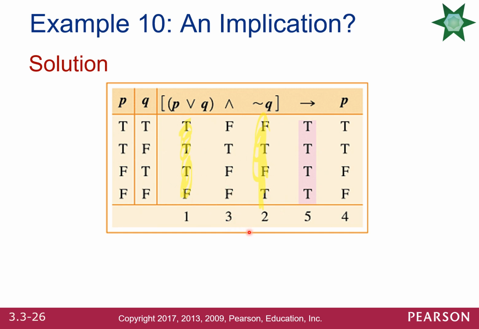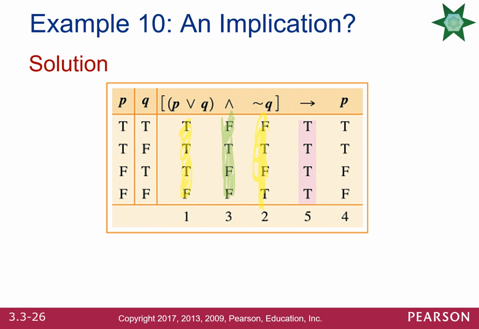Then we have to do the conditional part of it. However, before that, we have to find P. There's no negation here, so we just copy the values of P from the first column to the last column here in step 4. Let me highlight with a different color which columns we are looking at.